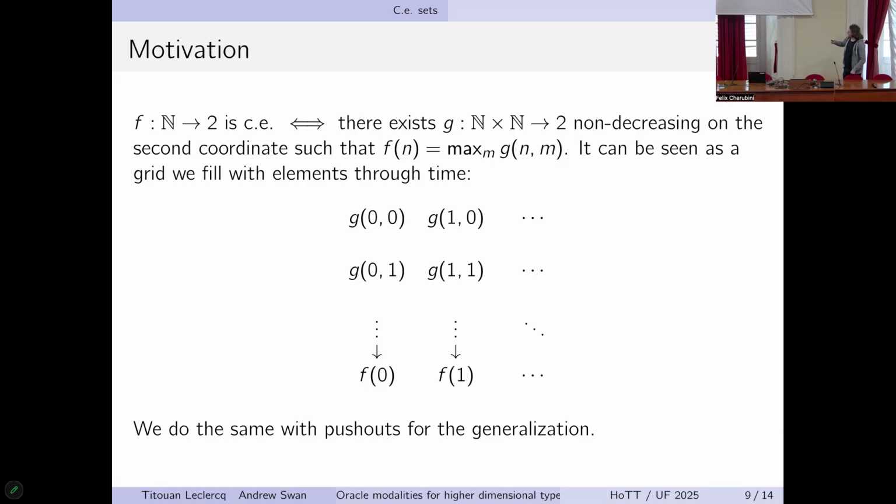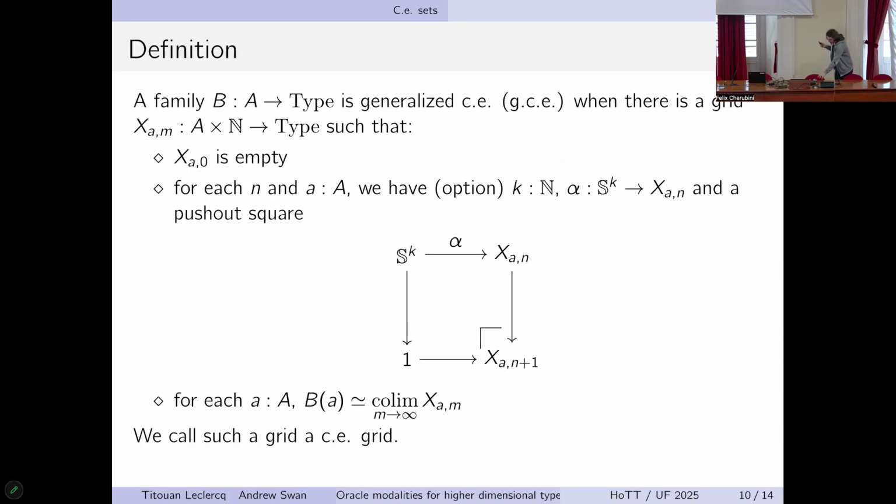When we try to generalize it to higher dimensions, we say that instead of adding an element, we make a pushout against a sphere, because if we take the -1 sphere, it will be a pushout against the empty type. So here, if here it is 0 and here 0, the result will be 1. So it will really be the idea of adding a point. But we also want to be able to just do nothing.